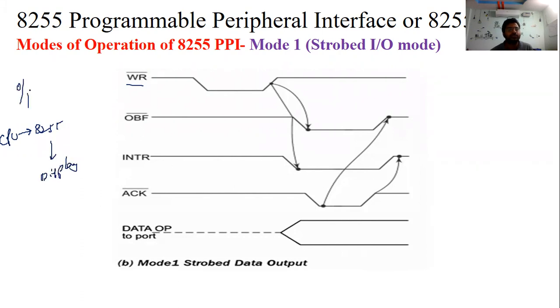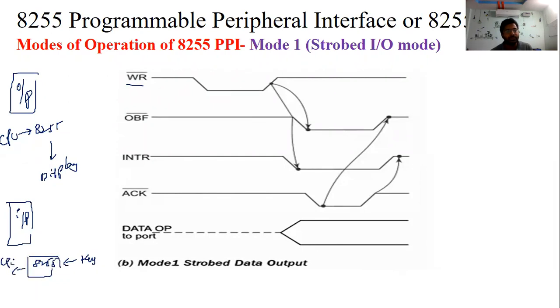That is the output mode. What is the input case? For example, the keyboard to the 8255, and after that to the CPU. A read operation is performed last here, while the write operation is performed first, from the CPU to the 8255 PPI.